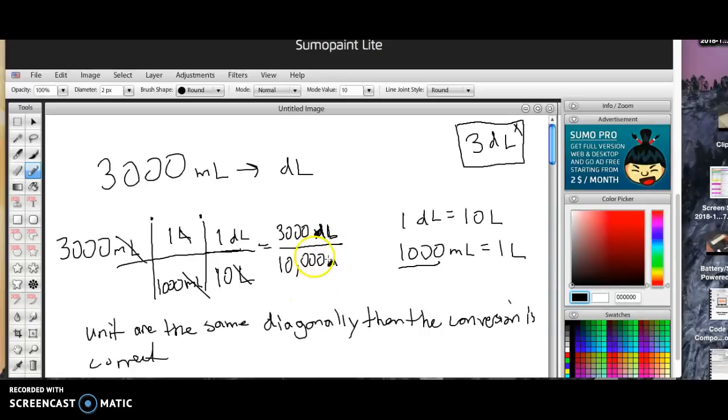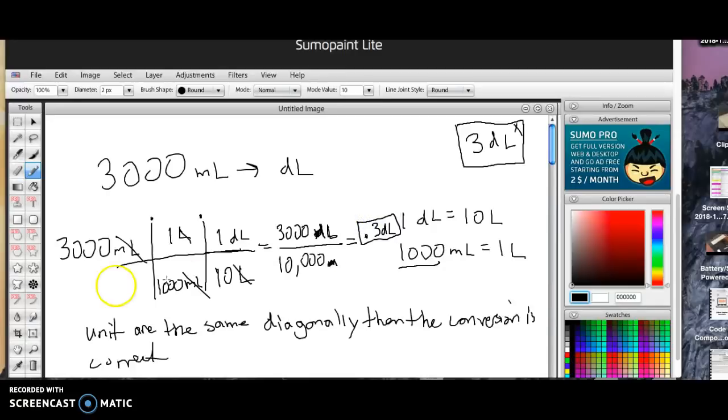All right. Now we have 3,000 deciliters divided by 10,000. 3,000 divided by 10,000 is definitely a decimal. 0.3 deciliters.